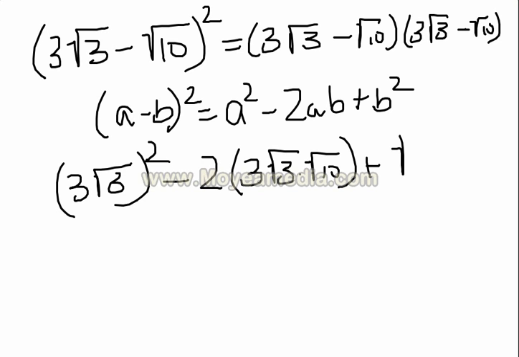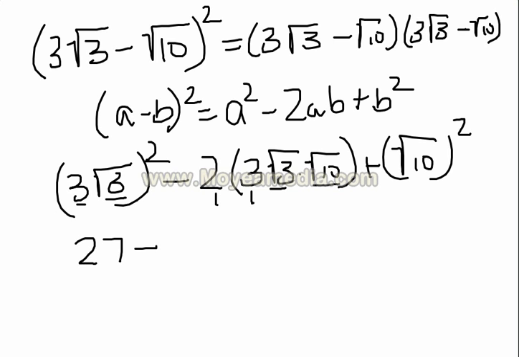plus radical 10 squared. So 3 squared is 9, square root of 3 squared is 3, so I'm going to get 9 times 3, which is 27, minus, well here I'm going to have the square root of 3 times the square root of 10, which is going to be the square root of 30, and 2 times 3, which is going to be 6, so 6 radical 30, and then the square root of 10 squared is just 10.